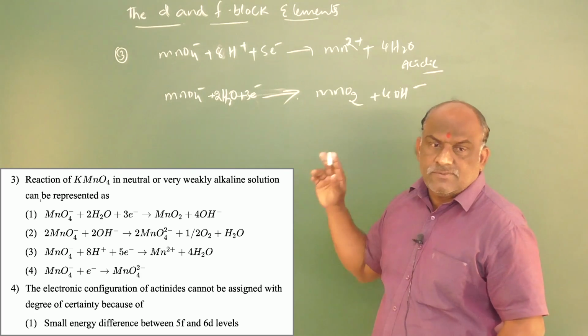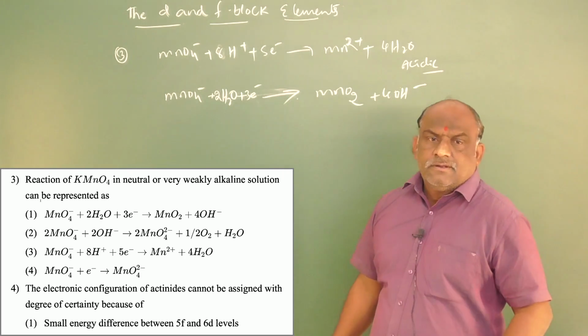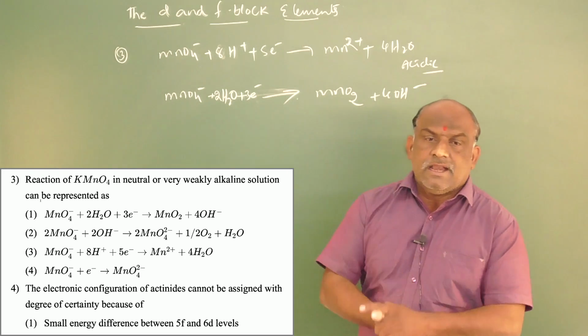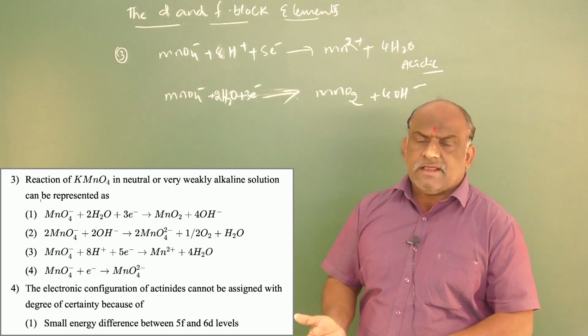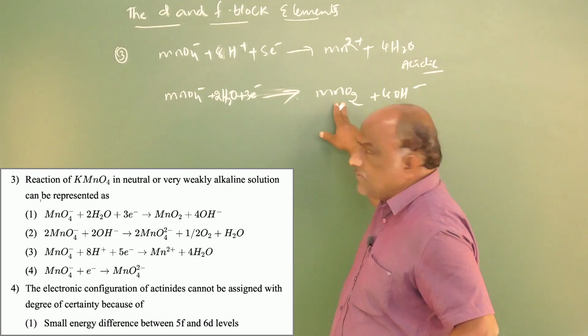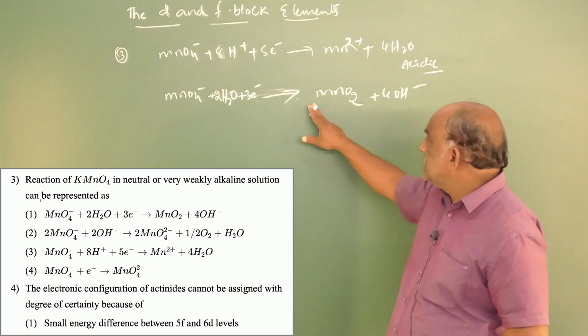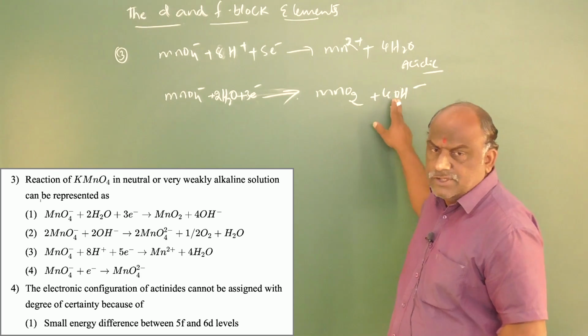So according to our question, very weakly alkaline solution or neutral. Very weakly alkaline is nothing but neutral solution only. Neutral or very weakly alkaline, what will we get? MnO4 minus plus 2H2O plus 3 electrons gives rise to MnO2 plus 4OH minus.